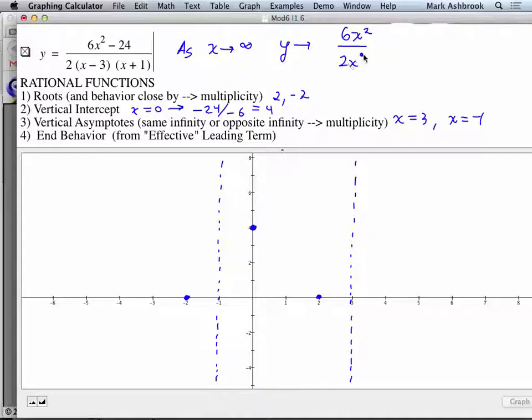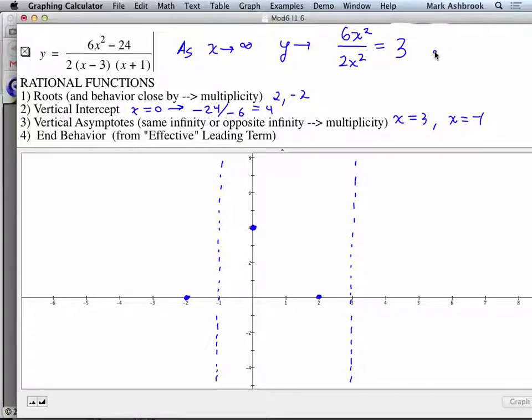2x squared. So when x gets very, very large, either positive or negative, the numerator is essentially 6x squared, and the denominator is essentially 2x squared. So that whole ratio is going to be essentially what? 3. So 3 is not the leading term.